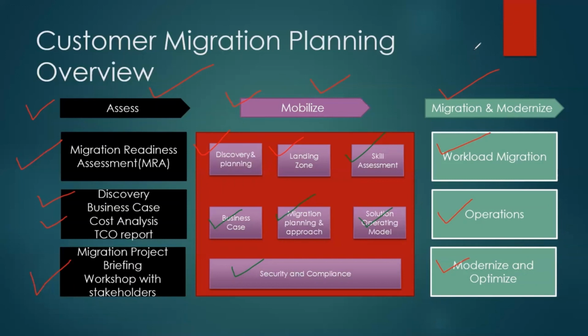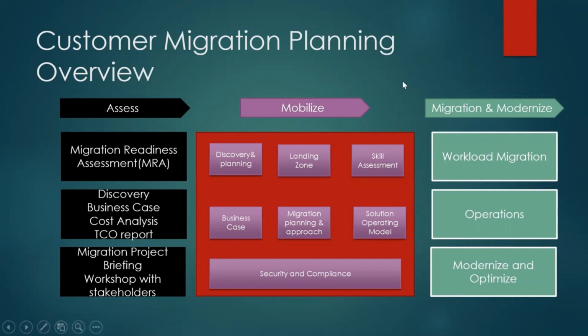I hope it gives clarity on how things are done at various stages, and how to gain customer confidence so that he can successfully migrate, and also gather more and more information from different perspectives. And in the end, once the customer is migrated to cloud, he can see all those benefits. So that's very important to meet all those requirements. I hope you get a very high-level view of what is done in different phases and how migration is done.